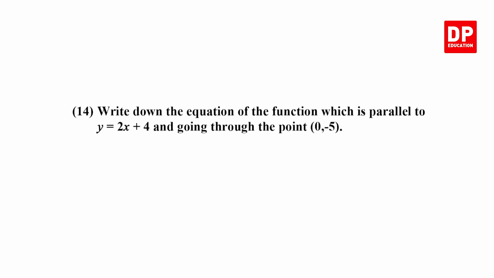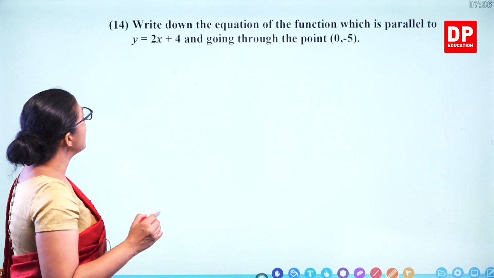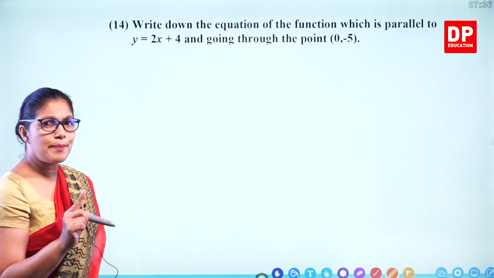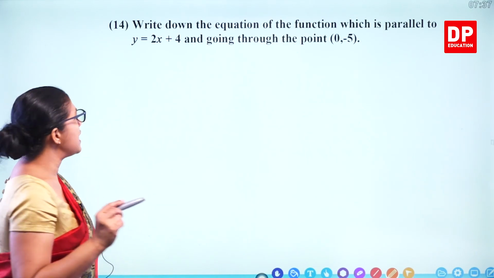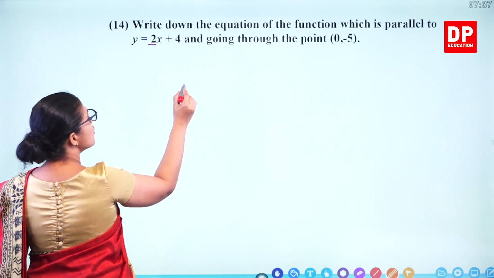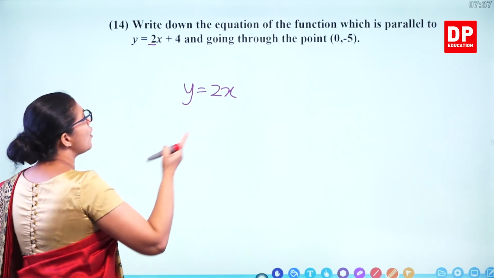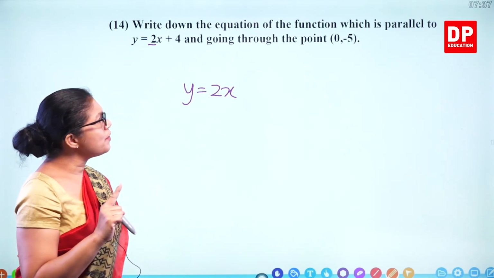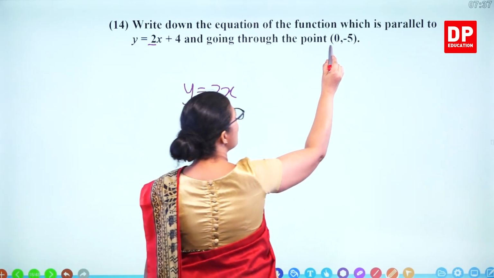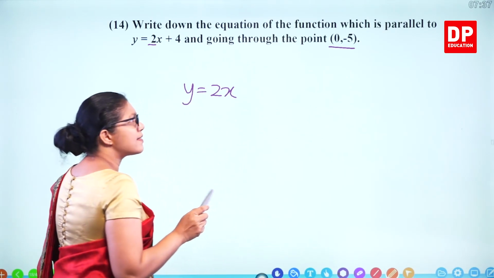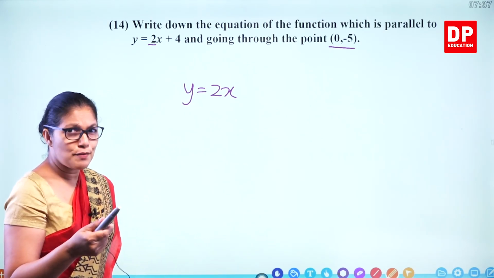Question number 14. Write down the equation of the function which is parallel to y equals 2x plus 4. So parallel means you get the same gradient. So 2x comes. So y equals 2x. We need to find out the y-intercept and going through the point 0, minus 4. What it means? When x equals 0, the y value is minus 5.